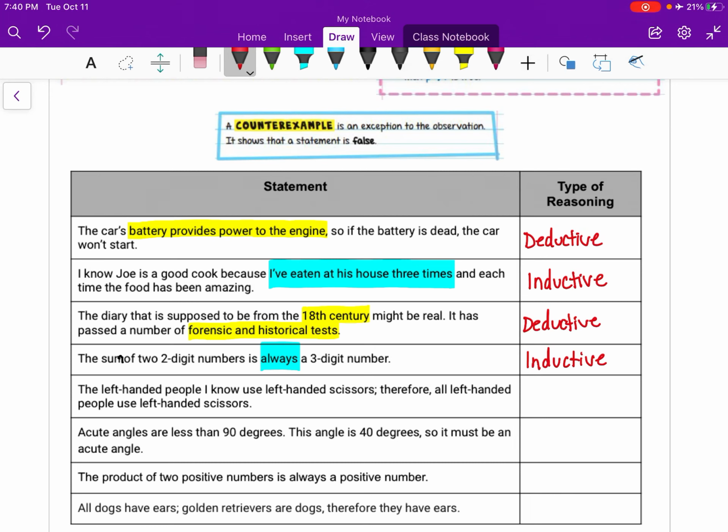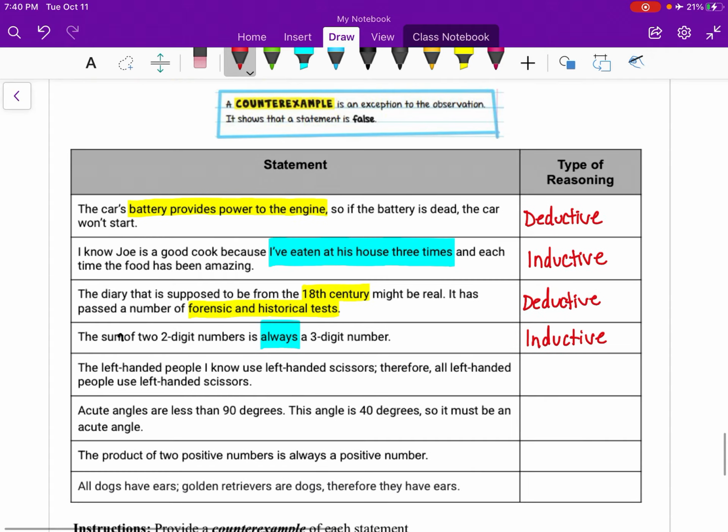So think about what I just said about statement number 4. Statement number 4 says the sum of 2-digit numbers is always a 3-digit number. Now, this is only true if it can be proven every single time with no exceptions.